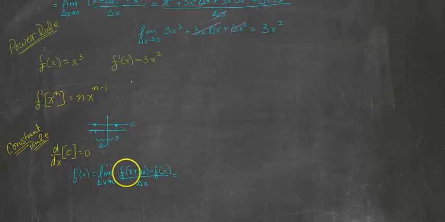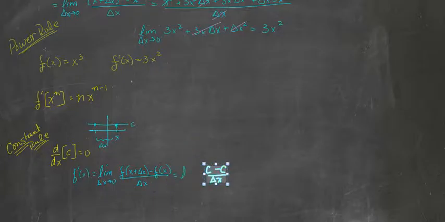The function of x plus delta x, that's this value here, that's c, and f of x is also c. Well, it's still a limit. Then c minus c equals 0. I never actually have to go to 0 in the denominator because the limit approaching from both sides equals 0. And so we have a constant rule that tells us that anytime we have a constant to work with, we can just take the derivative equals 0.